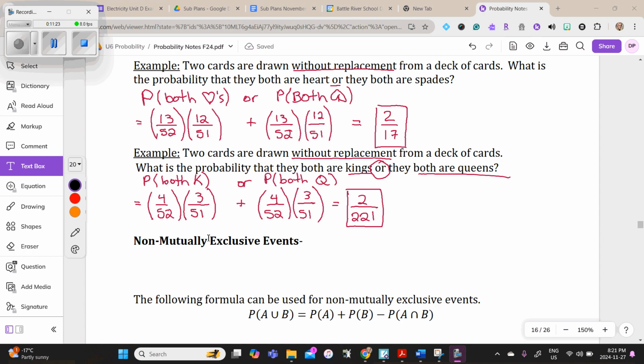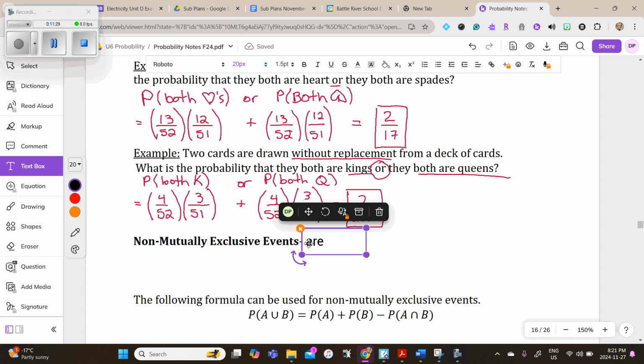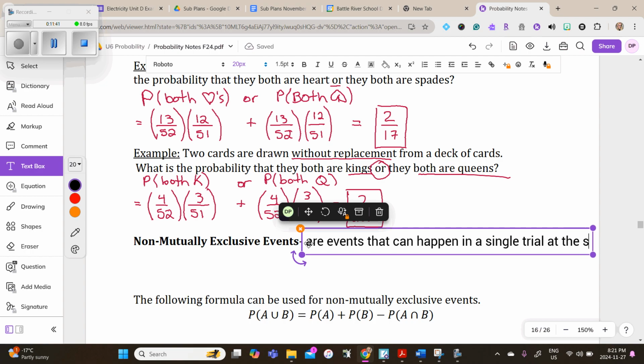So now that brings us to our definition of non-mutually exclusive events. These are events that can happen in a single trial at the same time.